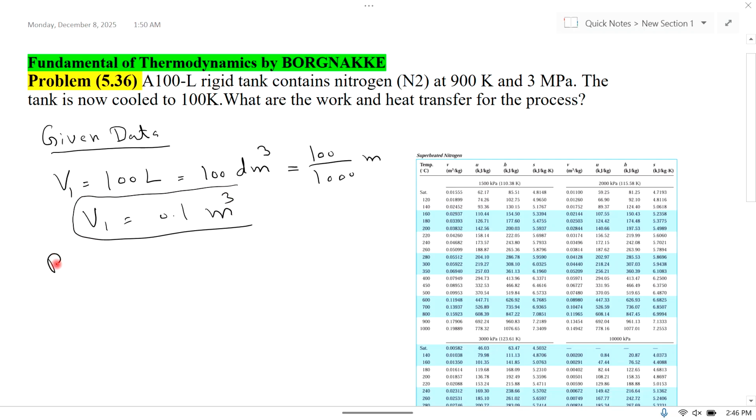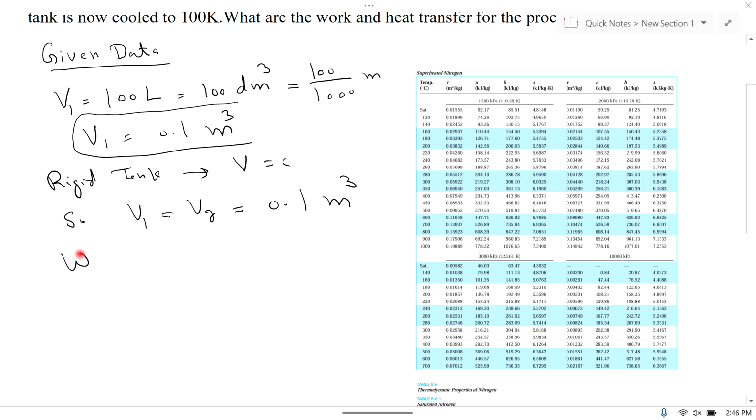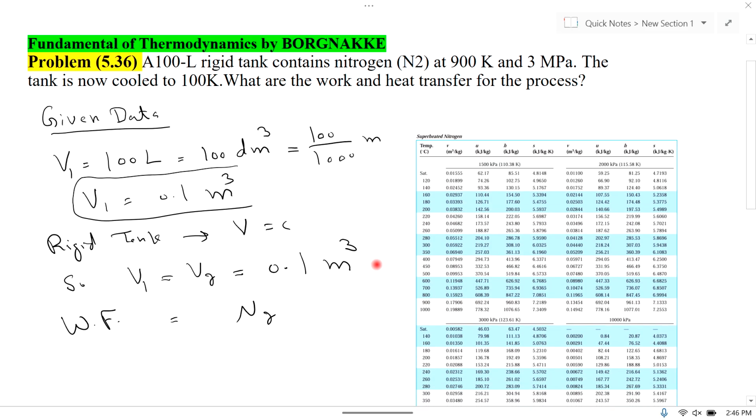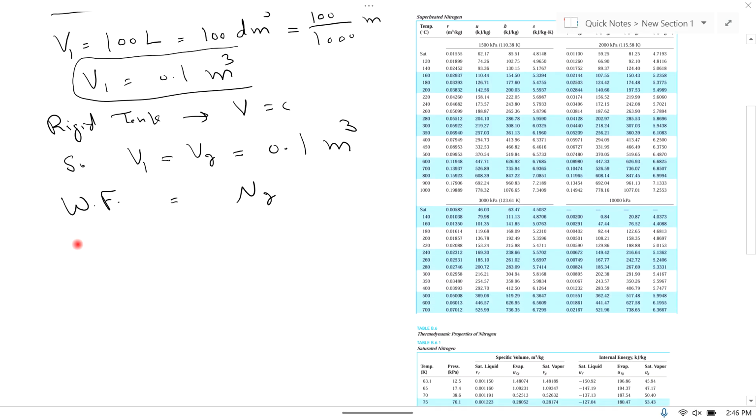Rigid tank means that volume is constant. So total volume at state 1 is equal to total volume at state 2, which is equal to 0.1 cubic meter. The tank contains nitrogen, the working fluid, at 900 Kelvin and 3 megapascal.